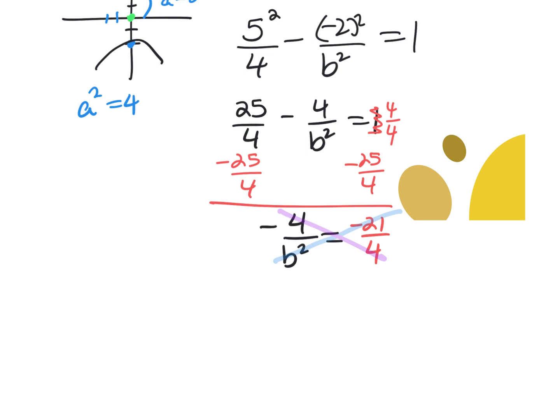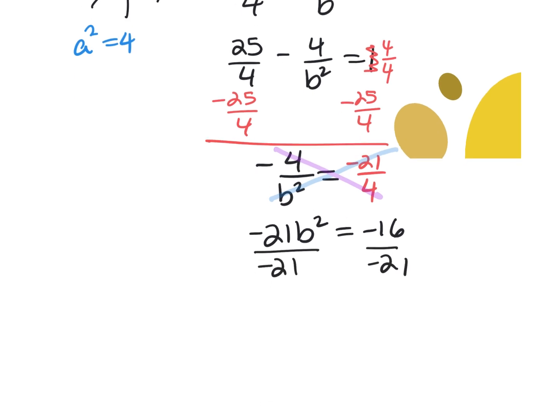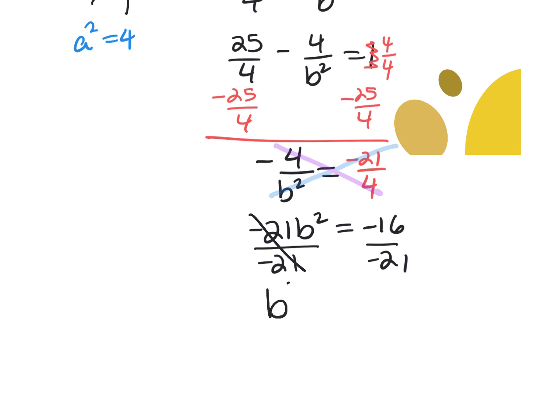And then this is going to give me negative 21 b squared equals negative 16. Divide by negative 21, and b squared is equal to negative divided by a negative, positive 16 over 21.